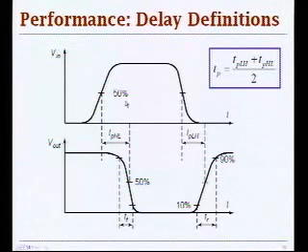And for that reason, we define the rise and fall times, because delay really depends on the slopes of these waveforms. And we define rising and falling times, again, relative to the output side of a gate.